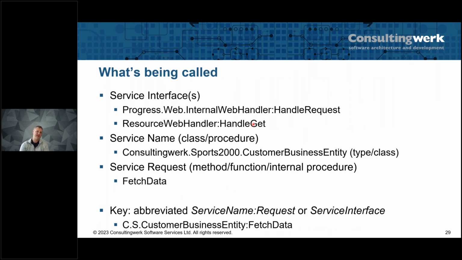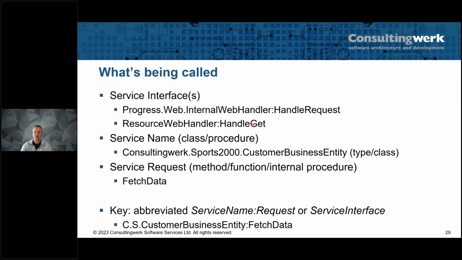So as I've mentioned 2 or 3 times already, what's being called, right? So there's a service interface. Is it that handle request, or is it the web handler that gets called? If we have a Consultingwerk resource web handler, there's a handle get method in there. That's also not especially useful. What we really want to know is it's the customer business entity and its fetch data that's being called. We could infer some of that from the web handler, but as you build out your applications, typically web handlers get more generic, or they tend to handle bundles of functionality.